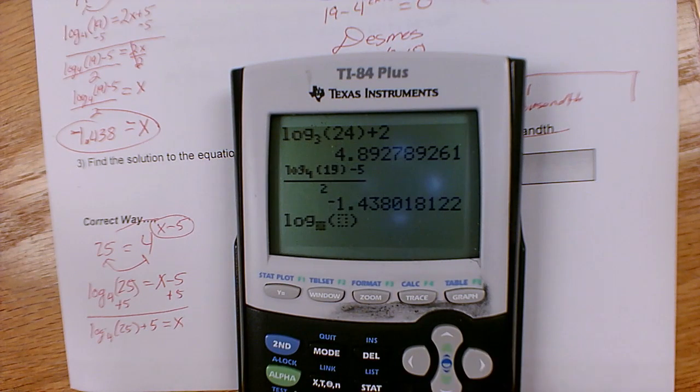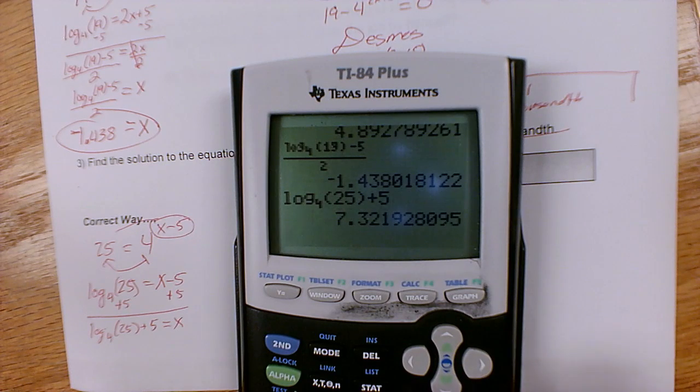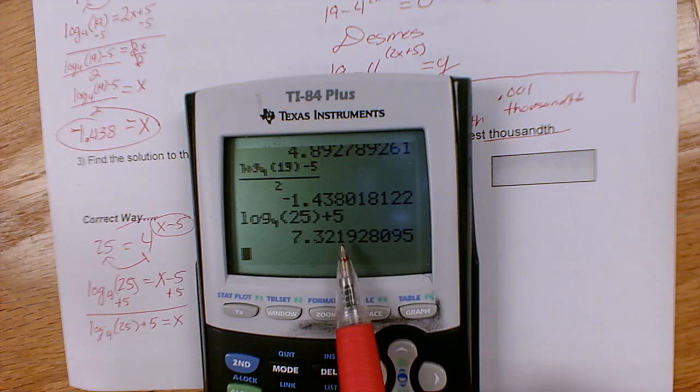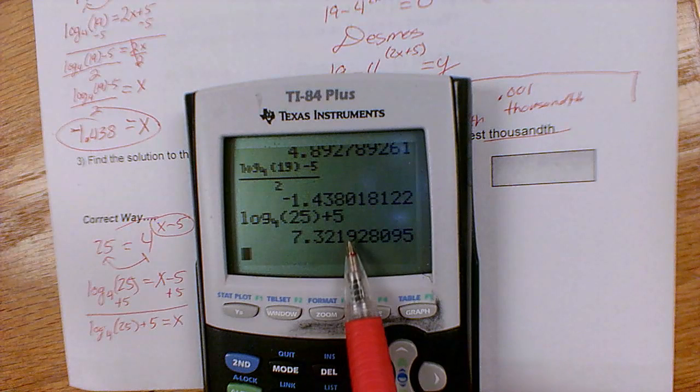Log base 4 of 25 plus 5 would be 7. So one way to round is, since that 1, you go 3 places, so it's 3, 2, 1. This 9 is higher than 5, so that would change to a 2.